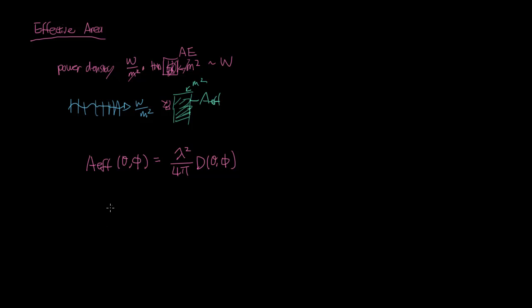It's worth noting that in general, the greater the effective area, the better. If you look at this expression, if you know what direction you're coming from and you have a high directivity, that's one way to get a bigger effective area.